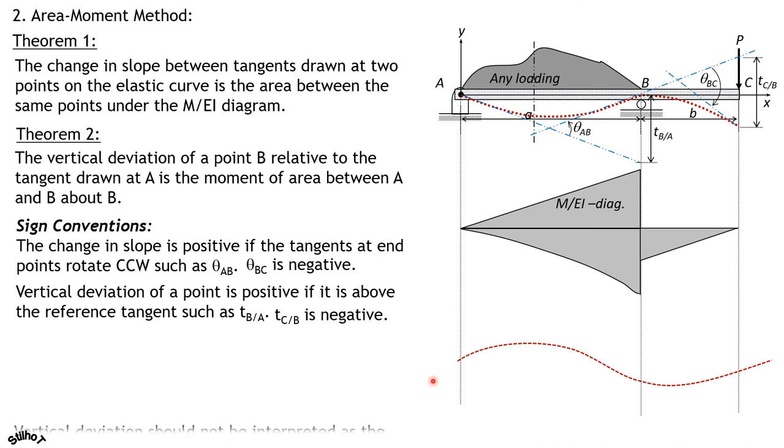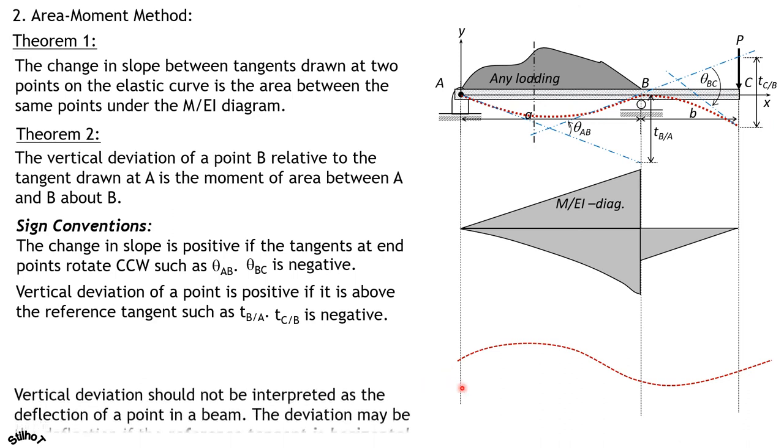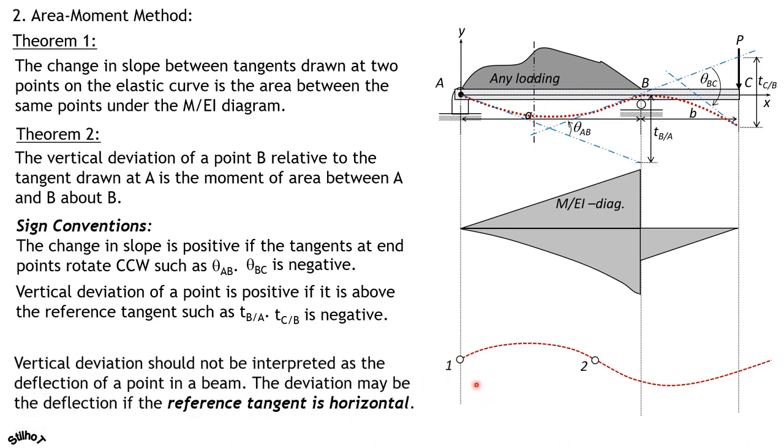So as another example, we have here, let's draw points here. Call this point 1, point 2, and point 3. We draw tangents at 1 and 2. So those are the tangents. Therefore, the vertical deviation of point 1 relative to the tangent at 2 would be expected negative because point 1 is below the reference tangent at point 2.